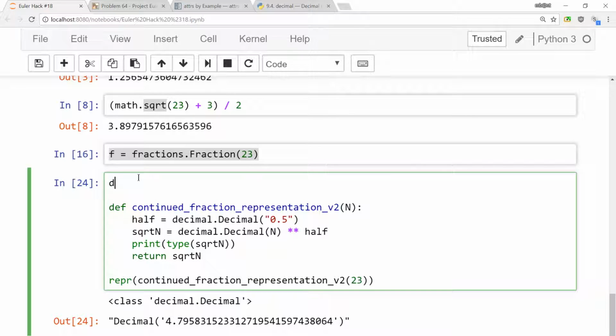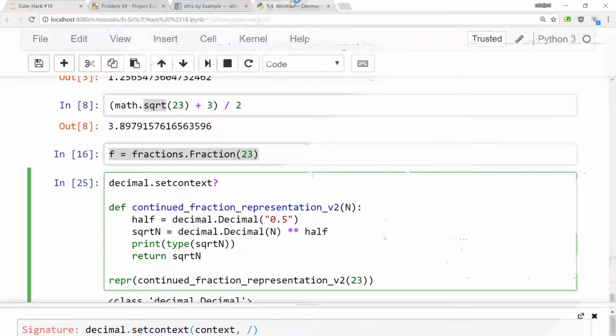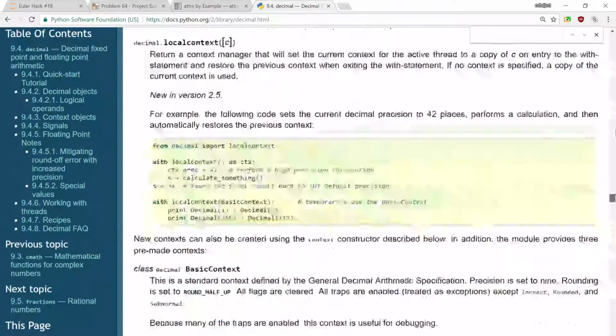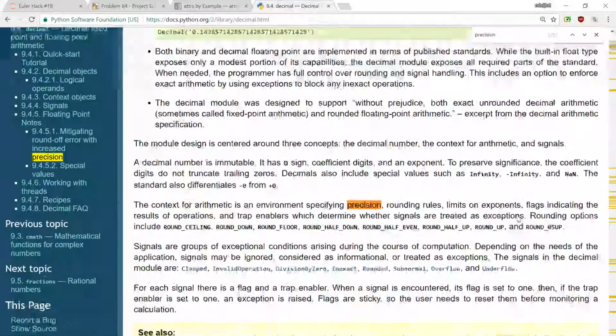We can say decimal set context. Decimal, how does this work? Context. Maybe exclamation. I think I'm almost there. Precision.